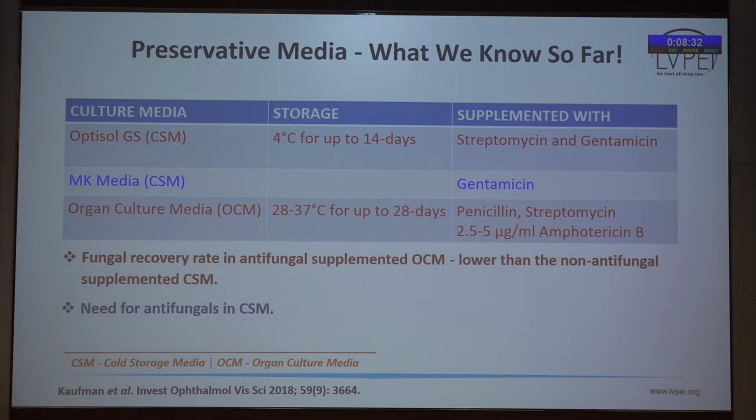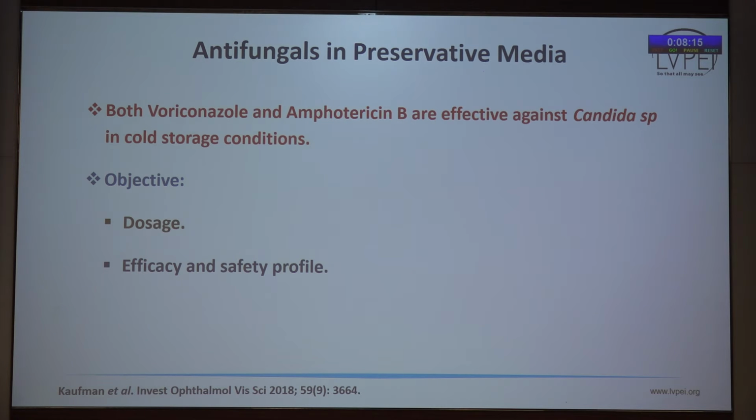Coming to Optisol GS, there is streptomycin and gentamicin. MK media has only gentamicin. In organ culture, there is amphotericin B. So the fungal recovery rate in antifungal-supplemented organ culture media is lower than in non-antifungal-supplemented media. Both voriconazole and amphotericin B have been tried, but nothing has been added.